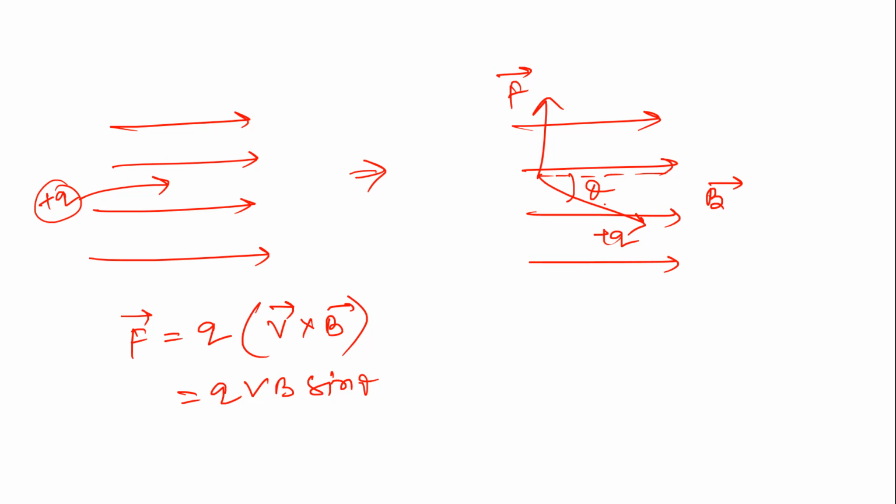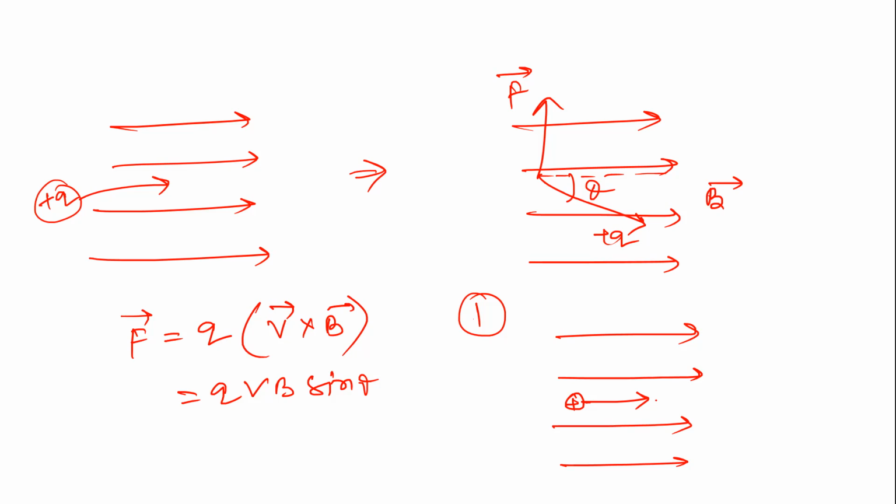So what is the motion of a charged particle in different conditions? Here we assumed the charged particle enters the magnetic field at some angle theta. Now, in case 1, suppose the charged particle enters with some velocity v, this is the charged particle q, and this is the magnetic field.